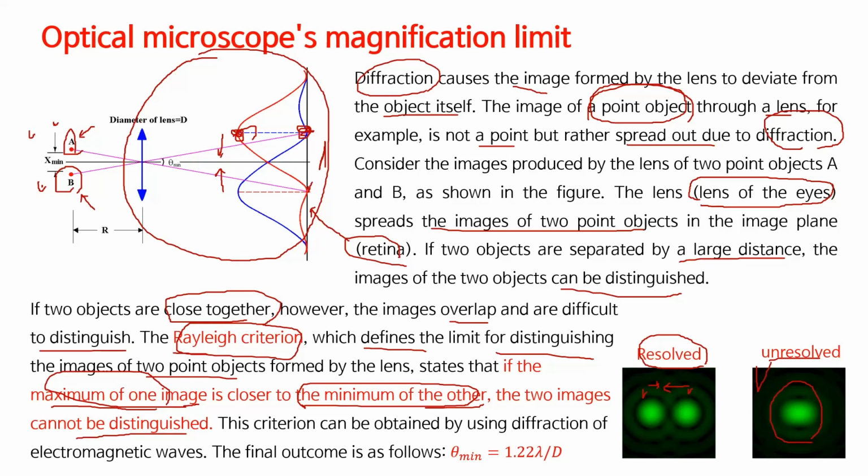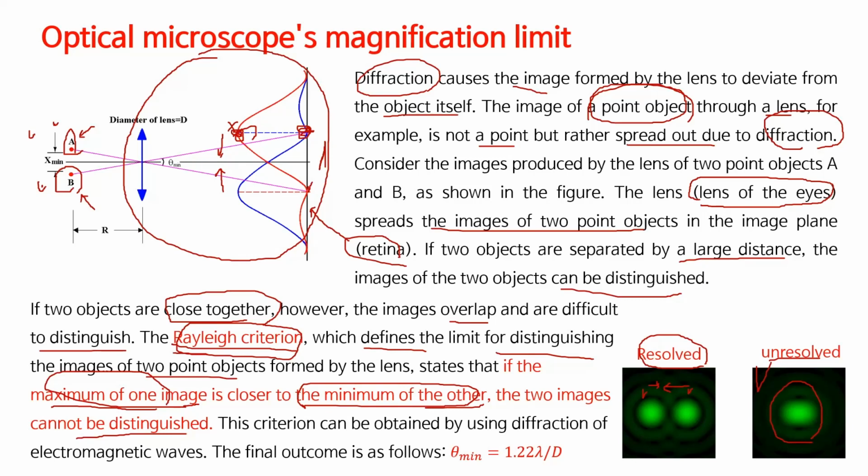Okay? So the Rayleigh criterion states that if the maximum of one image is closer to the minimum of the other, closer than this, then the two images cannot be distinguished. Okay.